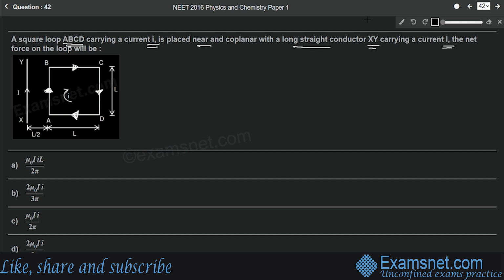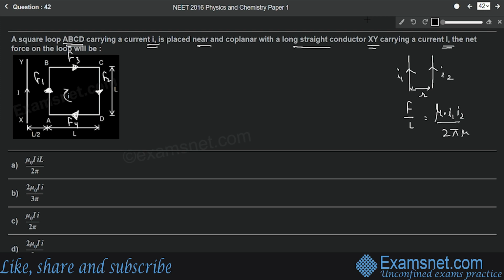Let's say AB will get F1 force, then CD will get F2, BC will get F3 and AD will get F4. We know that whenever there are two straight parallel conductors, the force per unit length between them is mu naught I1 I2 upon 2 pi r, where r is the distance between these two conductors and I1 and I2 are the currents in them respectively.